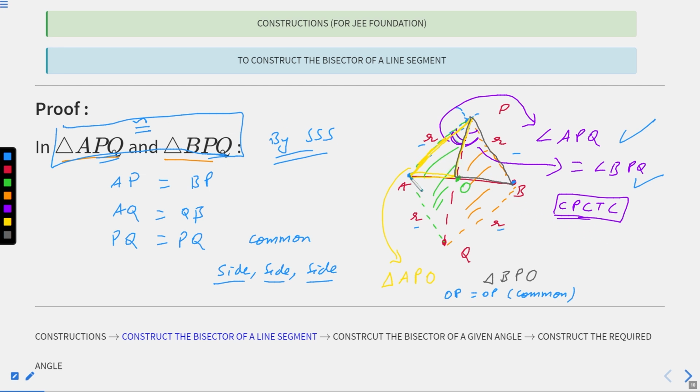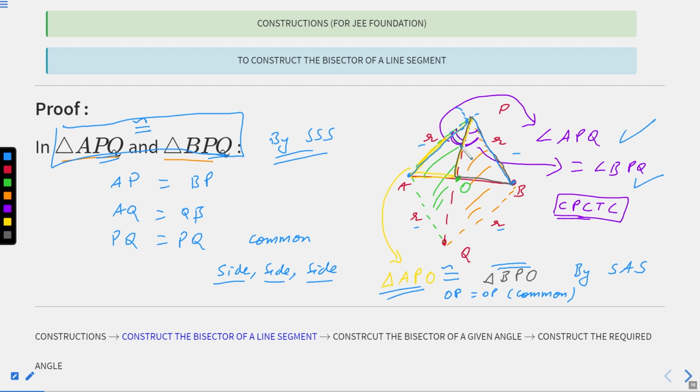And we also know AP, this length, is equal to BP. So by the side-angle-side property rule, we can say this triangle APO is congruent to this triangle BPO.